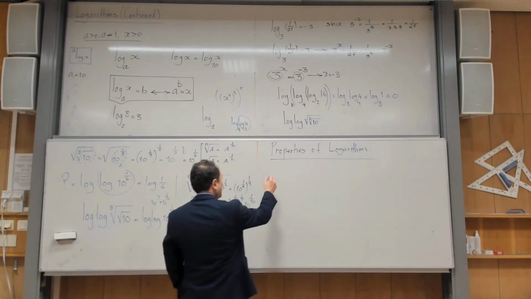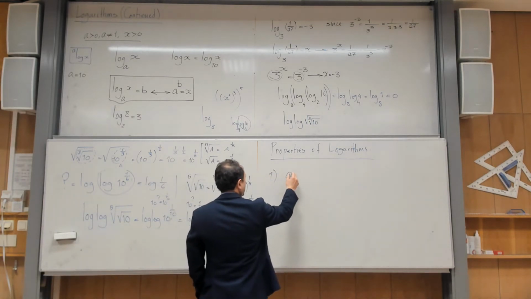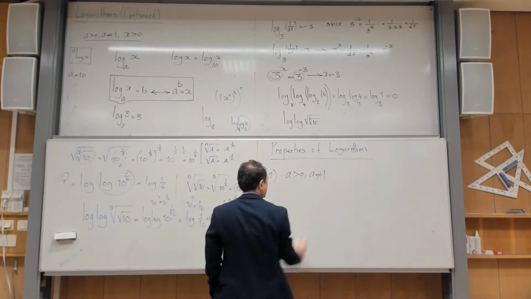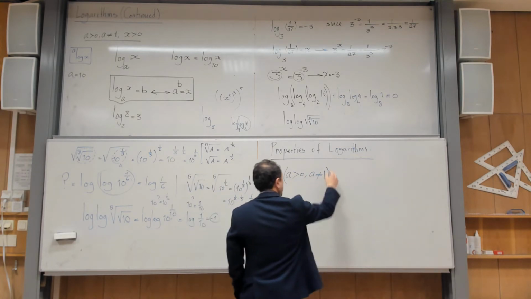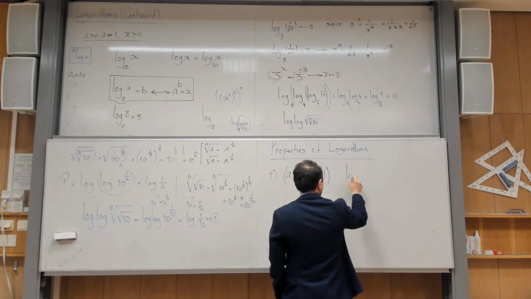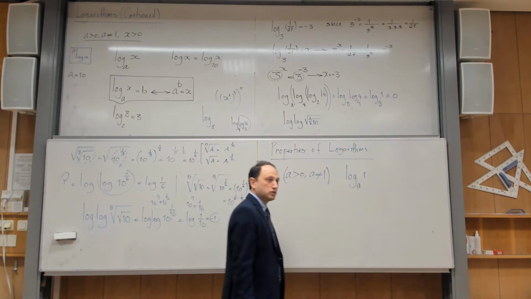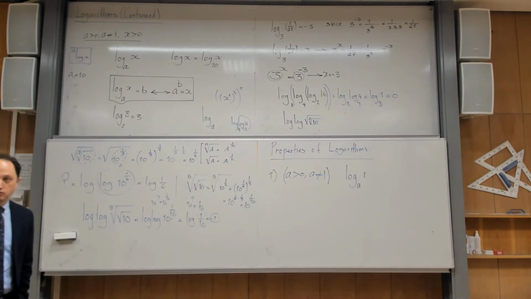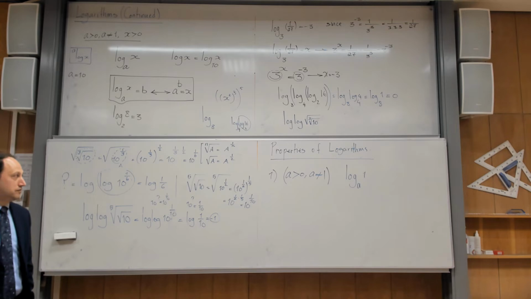So property number 1. If a is a positive number and a not equal to 1, under these conditions, if I ask you log of number 1 in base a, what is your answer? Do you need to know a, or can you immediately answer this question regardless of the specific value for a?